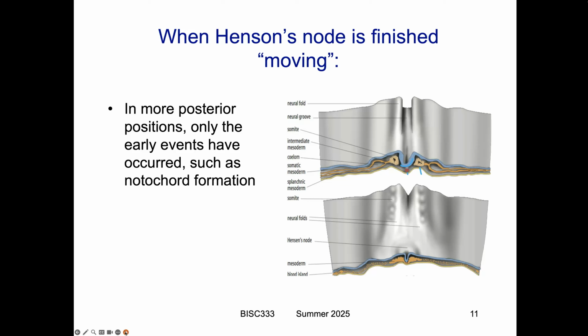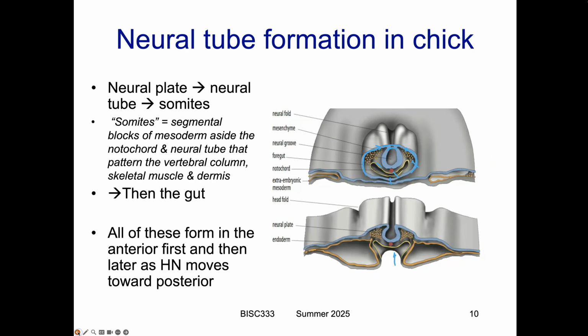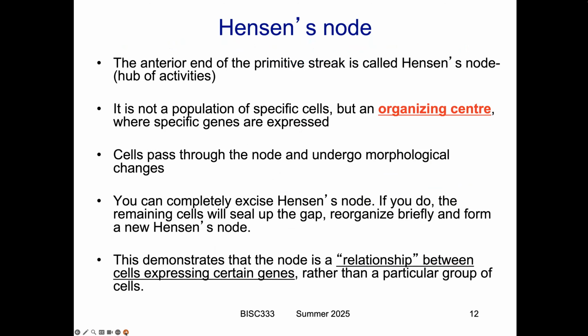It's kind of interesting because when you look at the embryo, when it's partially developed, it is like a timeline. You can tell, because Hensen's node moved through the anterior part first, the order in which these events occur. As I said, the node is an organizing center.